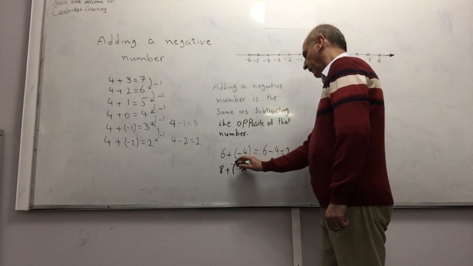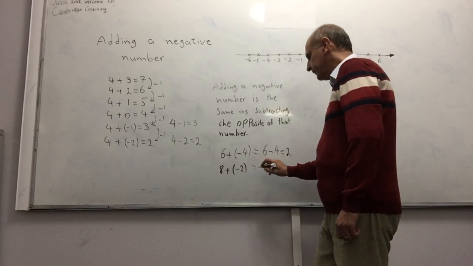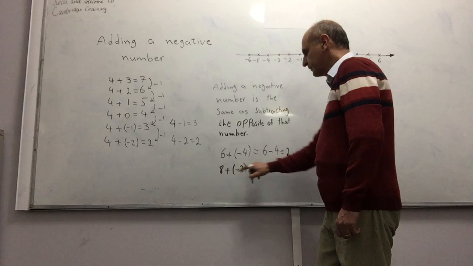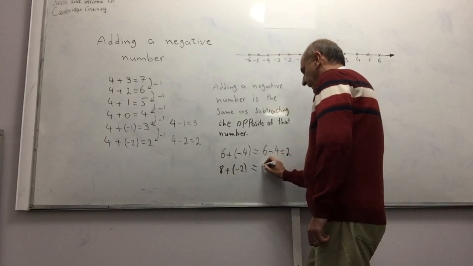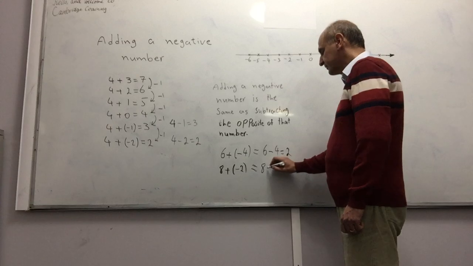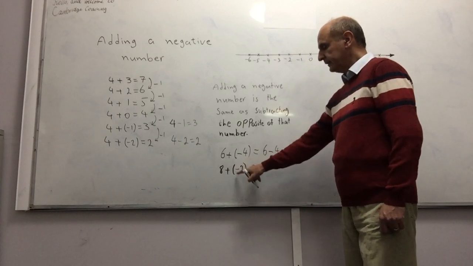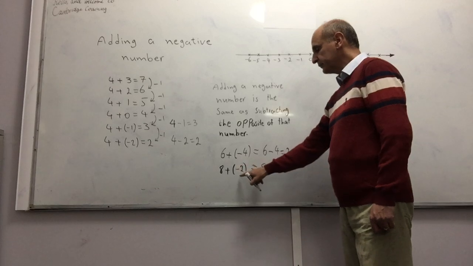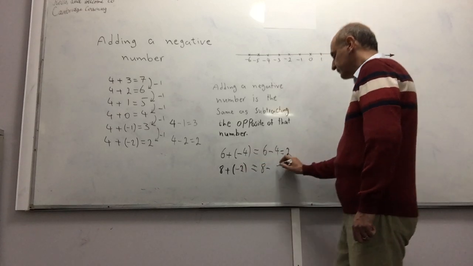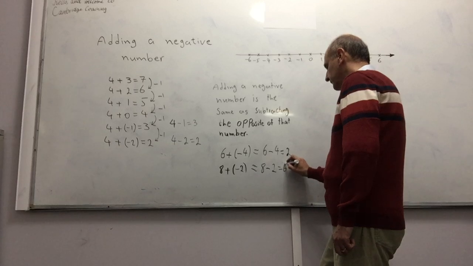So, if I want to work out how much this is, all I need to do is start with the same number that I have, and then, rather than adding, subtract the opposite of the number in the bracket. The opposite of minus 2 is 2. So 8 minus 2, which gives me 6.